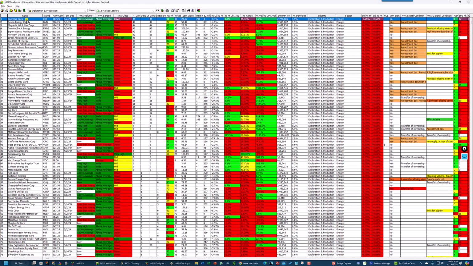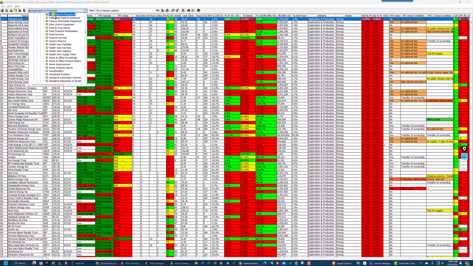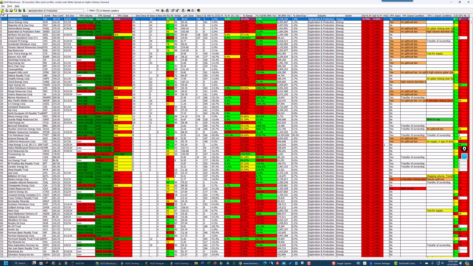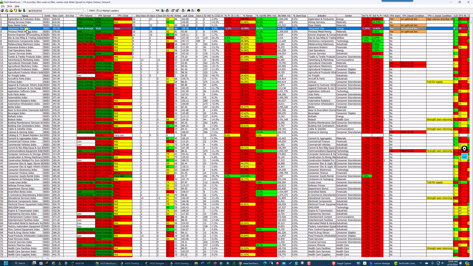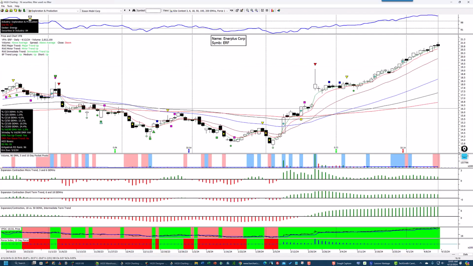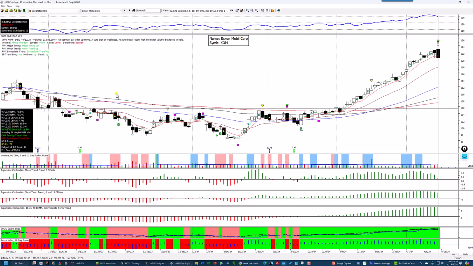Let me go back to the warehouse view. Okay, I want to go to the integrated oils again. I want to look at this one, and you can see that they aren't exact, but they're pretty close.